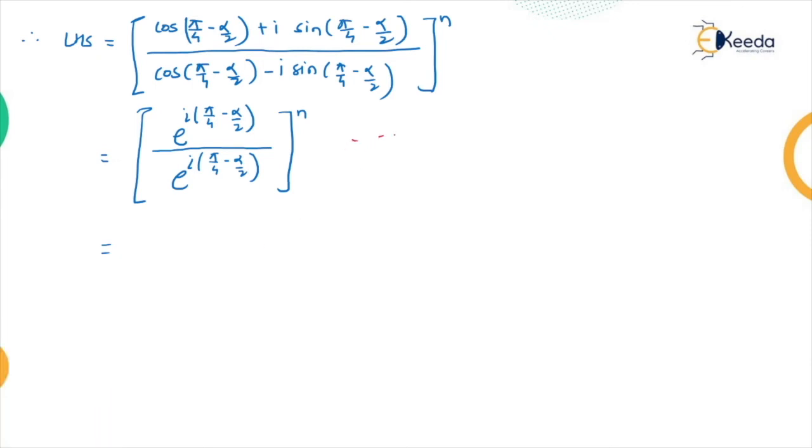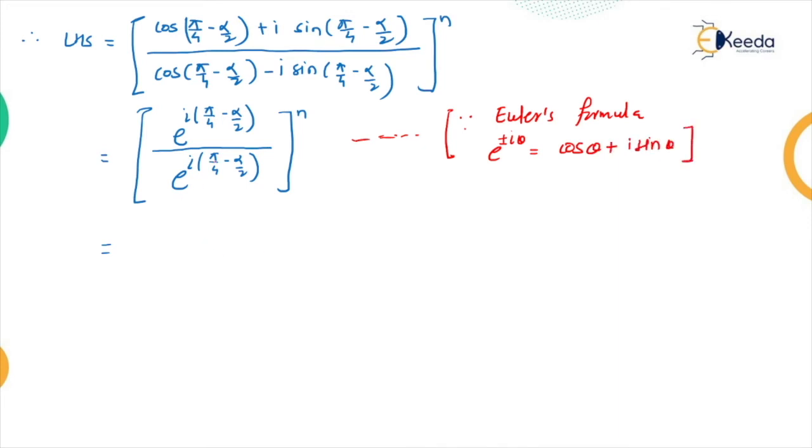We have to use Euler's formula here. What is Euler's formula? It is very easy: e to the power plus or minus i theta equals cos theta plus or minus i sine theta.